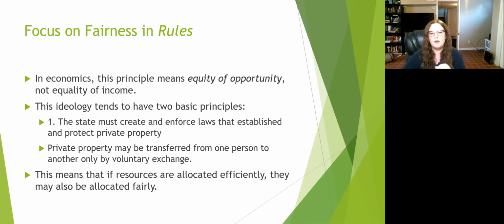The second piece is that private property might be exchanged from one person to another through voluntary exchange. I could sell this book to someone else and they pay me money for it. It's the ability to allocate resources to what people believe are the efficient outcome.